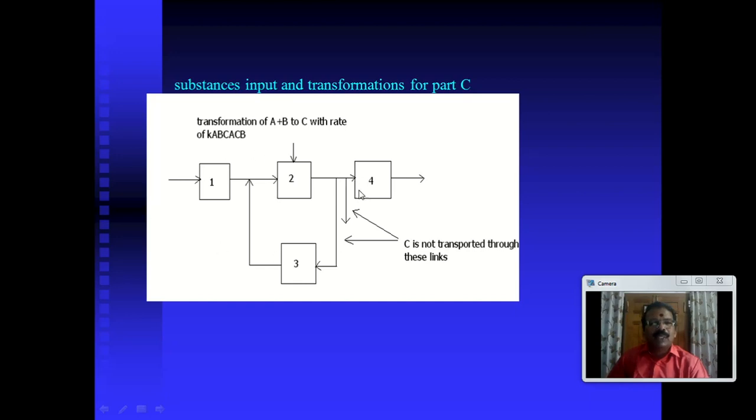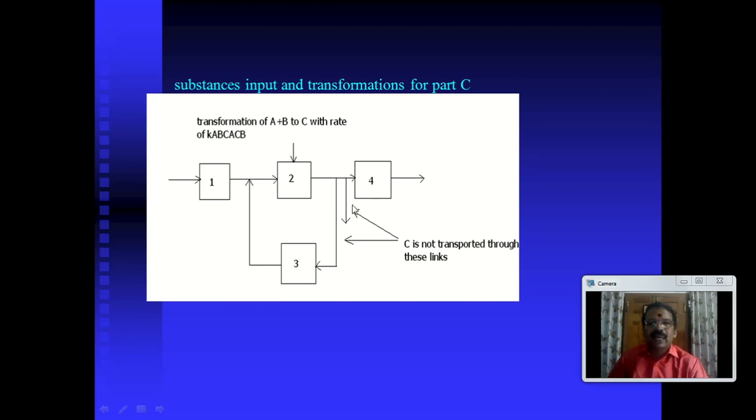Here again the process can be represented. A combines with B to form C. Here A is entering into tank 1 and B is entering into tank number 2, and C is produced in the reaction mixing chamber, reactor tank number 2. The substrate C is separated by pumping it into reactor number 4.